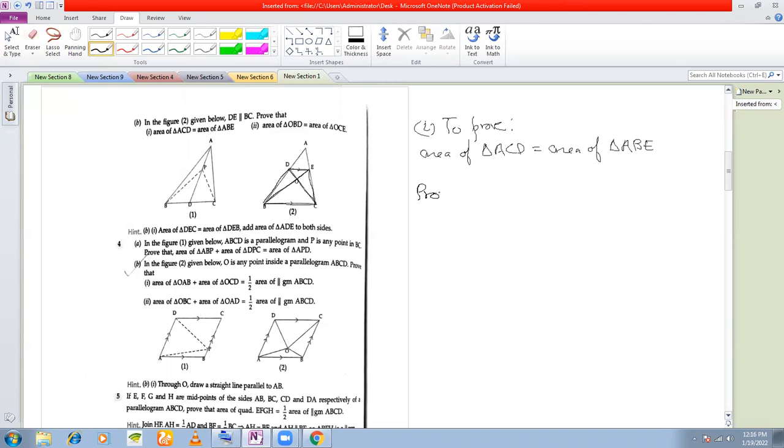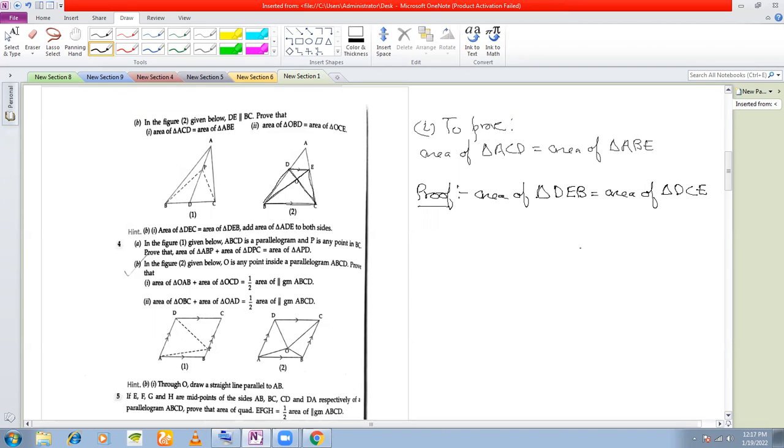Proof. Area of triangle DEB is equal to area of triangle DCE, right? And why should this be?